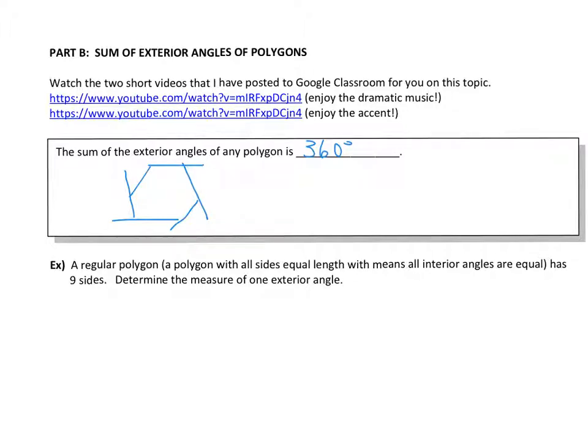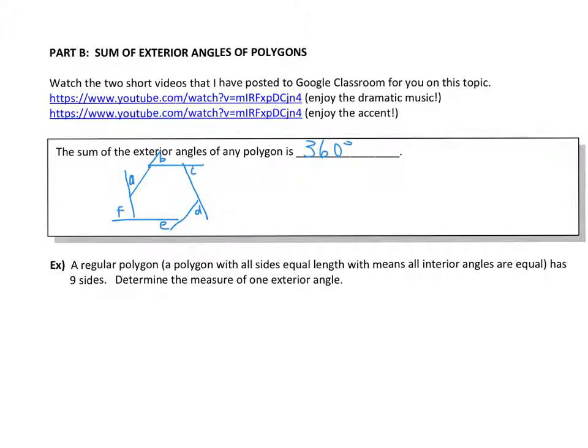Extend each side. So I'll make that A, this one's B, this one's C, D, E, and F.